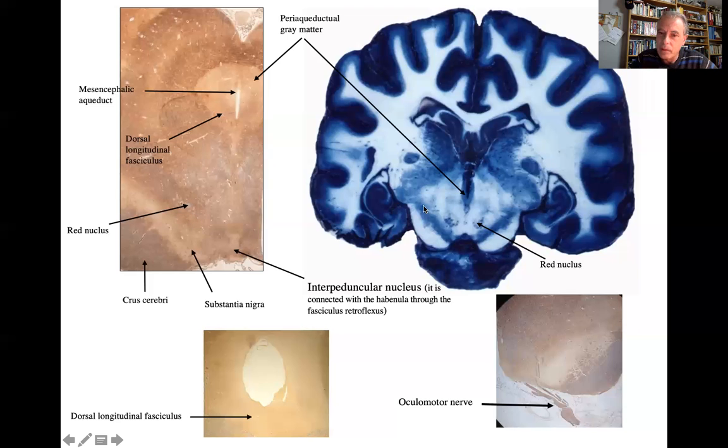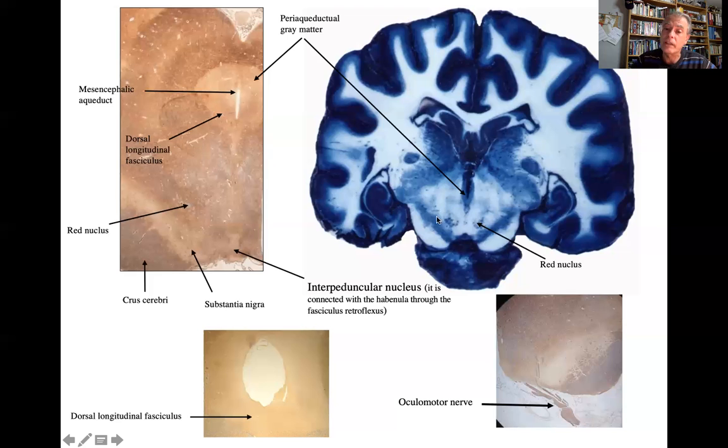Then we have the substantia nigra here, and we have talked about it because inhibitory cells, GABAergic cells from the substantia nigra, are going to project to the brainstem nuclei to control saccadic movements, and dopaminergic neurons are going to project to the basal nuclei to control their action.